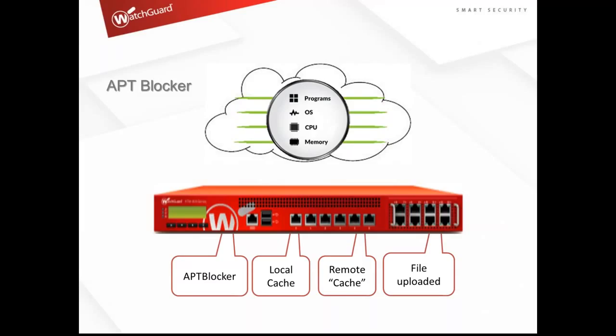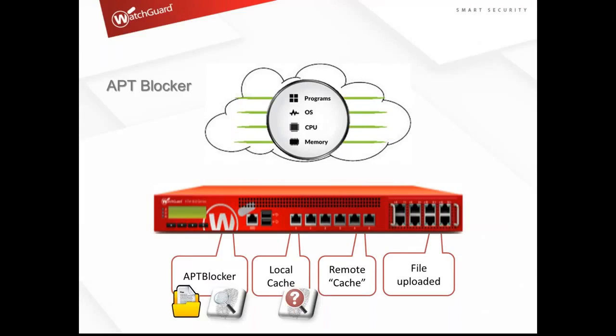So once it's passed, let's say it is an advanced or zero-day malware, it gets past the antivirus engine. Now we're going to hit APT Blocker. We're going to take that file and grab the MD5 signature of that file. Within there, we have a local cache, a local database that's stored on our WatchGuard.